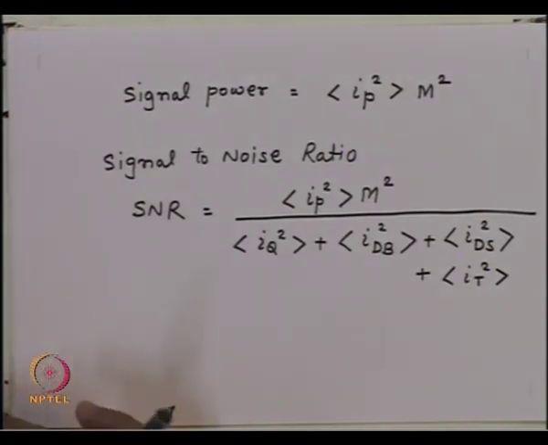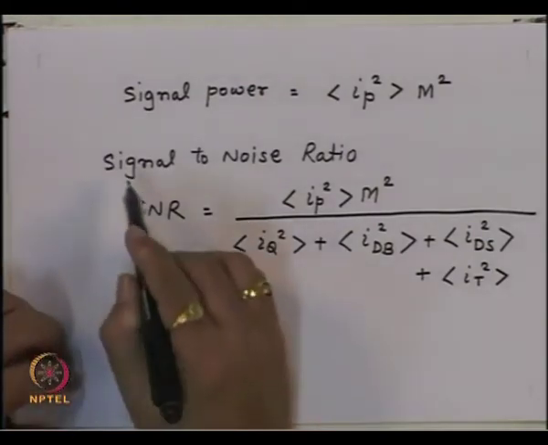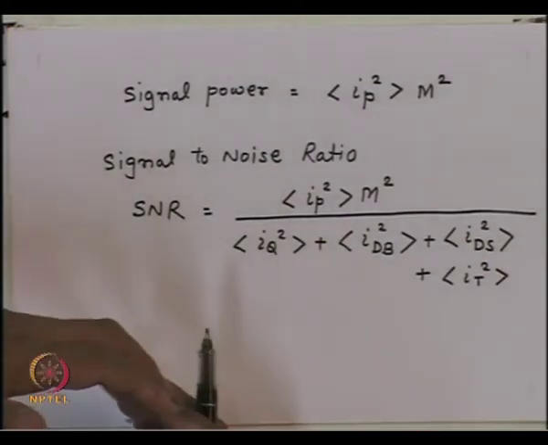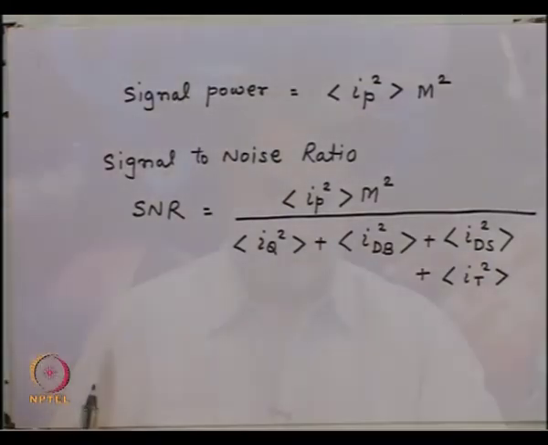And we will see that for an optical communication system, this is the important quantity that will essentially decide the overall performance of the system. So we will make use of this expression later on when we try to estimate performance parameters like bit error rate. At that time we will come back to this expression.